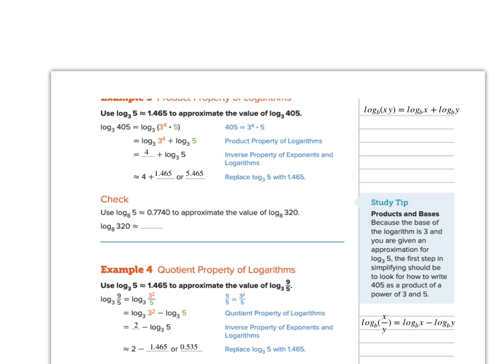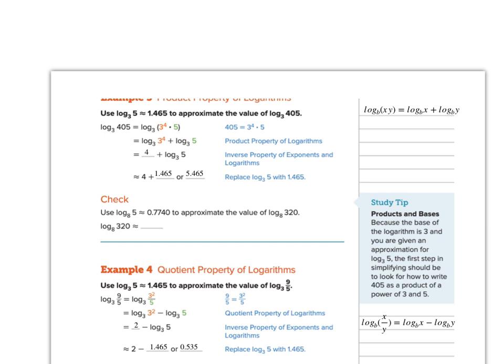So here's a couple of examples they went ahead and worked through. They've given us an approximation. They said, if you can get this narrowed down to log base 3 of 5, we're telling you this is the decimal for it. Here is log base 3 of 405. If we can get it down to factors of 5, then we can simplify. So this would be the same thing as 5 times 3 to the 4th power.